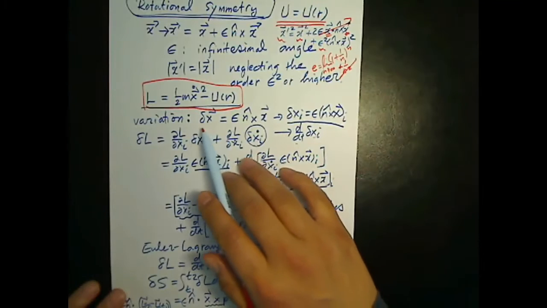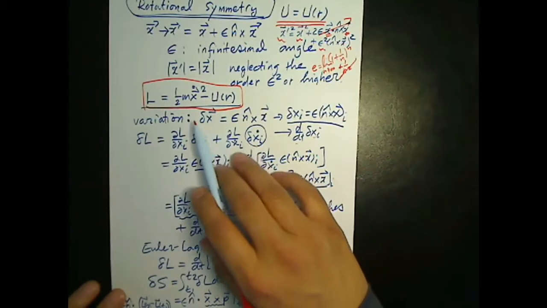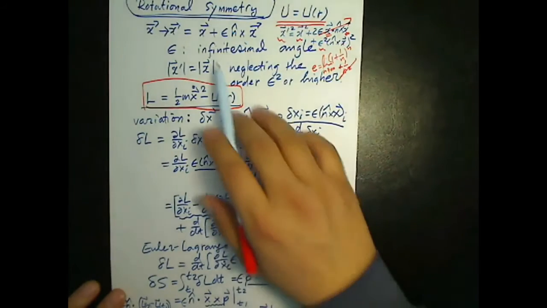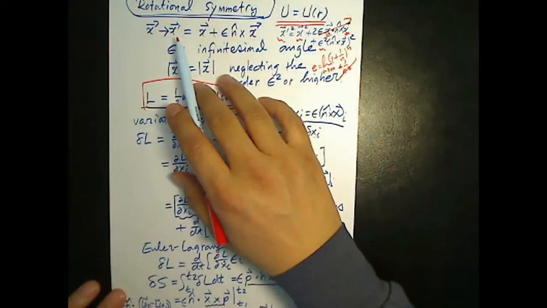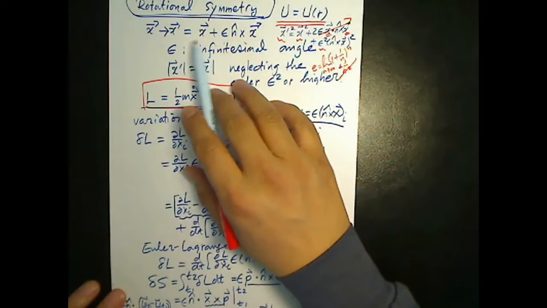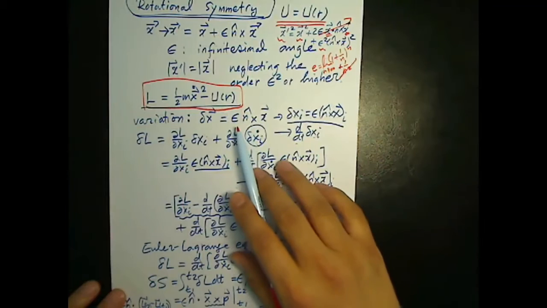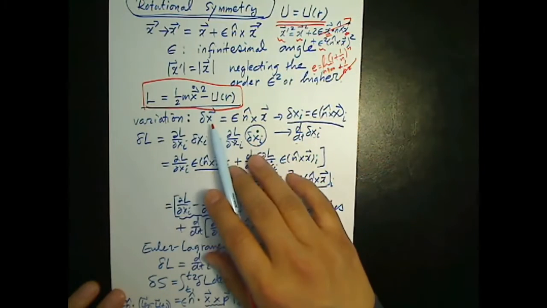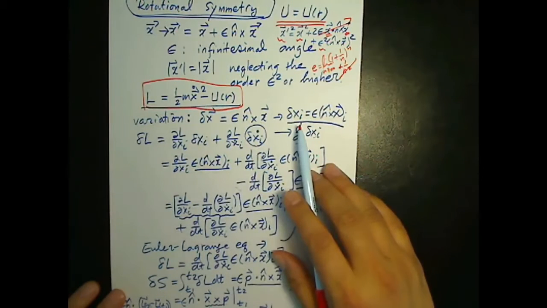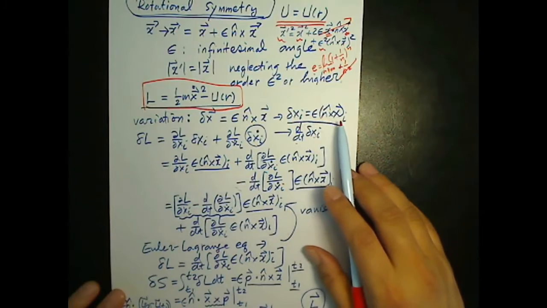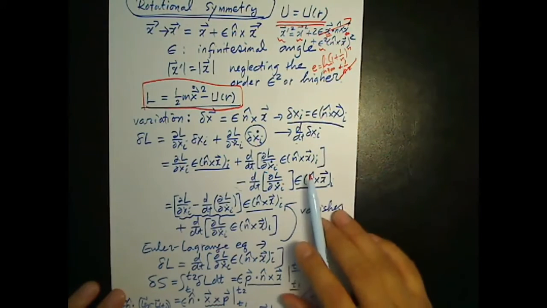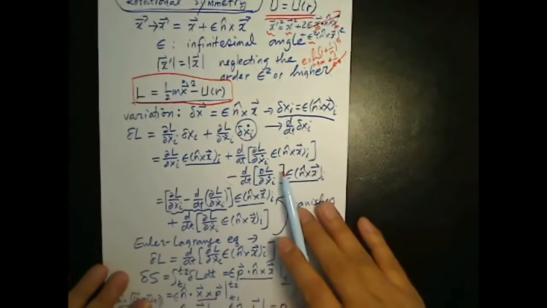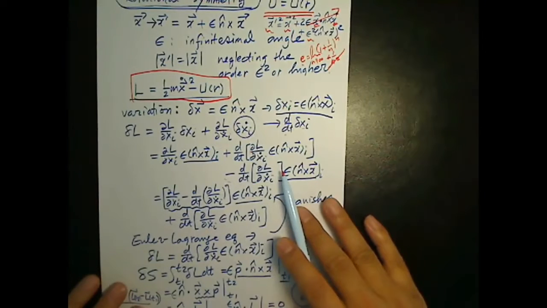The variation of the position vector, delta x, is the difference of x prime and x. The difference is epsilon n cross x. The i-th Cartesian component of delta x is delta x_i, equal to epsilon (n cross x)_i. Let us consider the variation of the Lagrangian under this transformation.